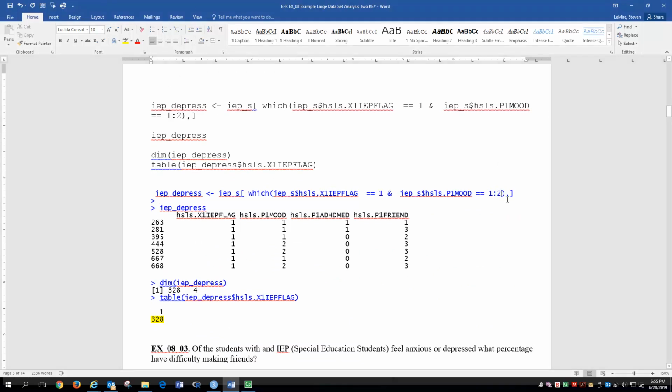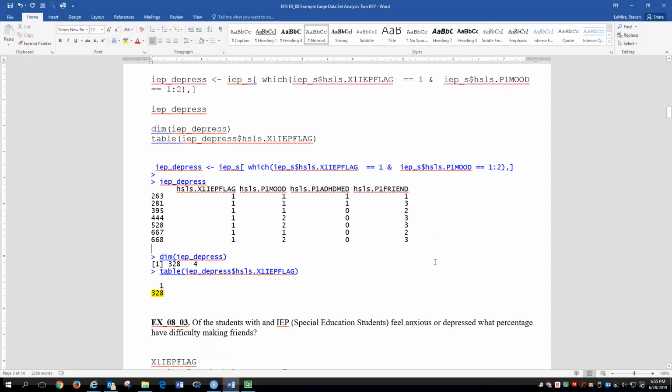And then this comma is very important, because remember we're working with the rows, and we want all the rows. So when I run that, here's what I get out, and here's the data set. So I've just asked for IEP 1 and mood 1 and 2.